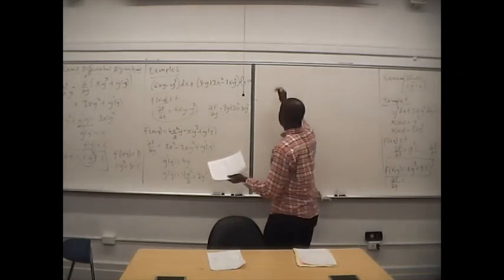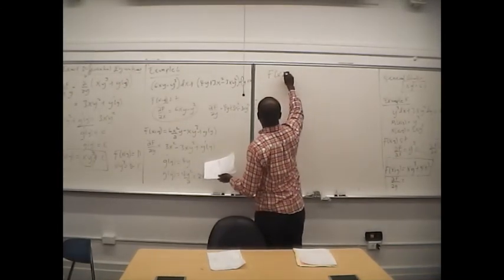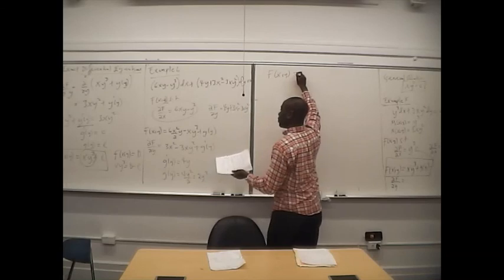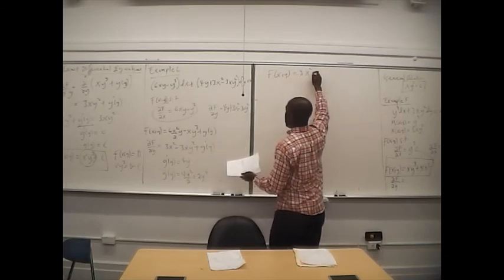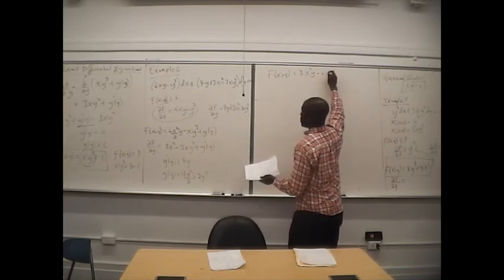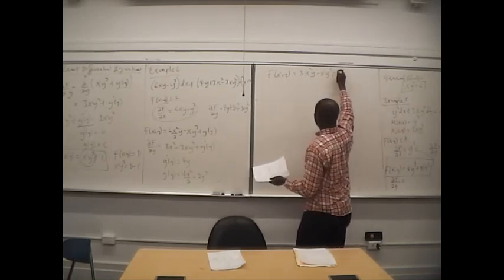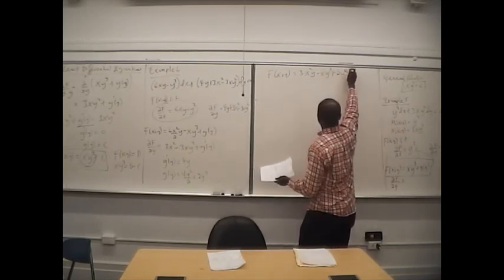So what does that mean? It means that my f of x y is 3x squared y minus x y cubed plus 2y squared.